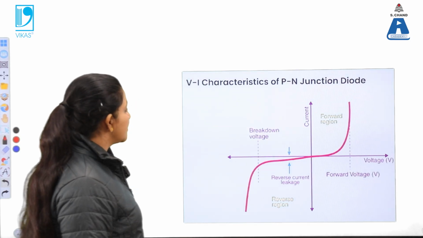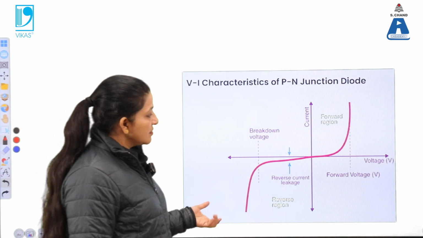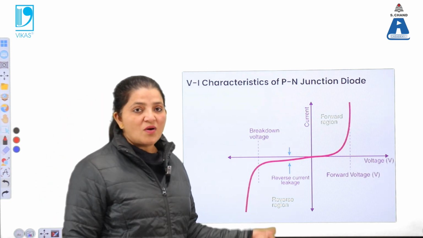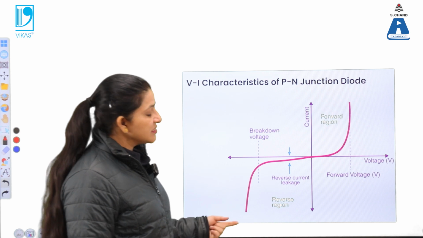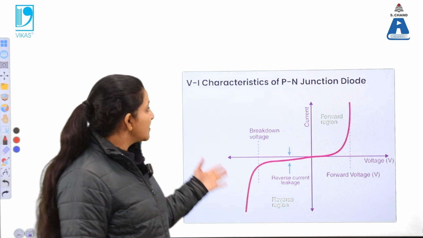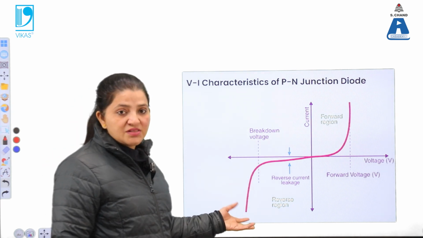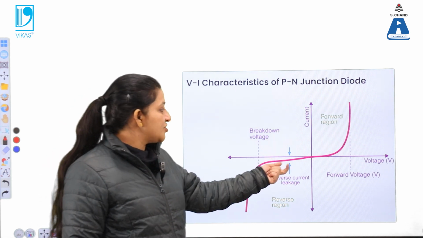IV characteristics, or VI characteristics, means we will plot the current versus voltage. What will happen when the material is forward biased, how does the current change with the voltage? And next, in reverse biasing, how does the current change with voltage?